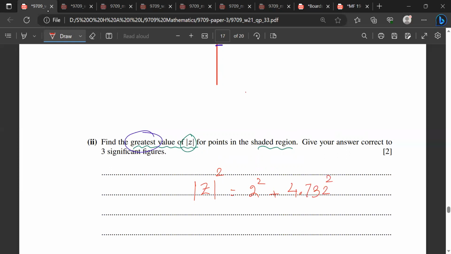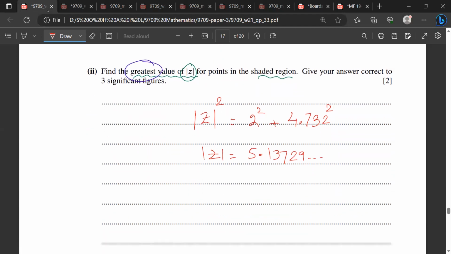Using calculator, 4.732 squared plus 2 squared, and the square root of this is 5 point. Finally, the answer for z is 5.1379 dot dot dot. We need the answer correct to 3 significant figures.